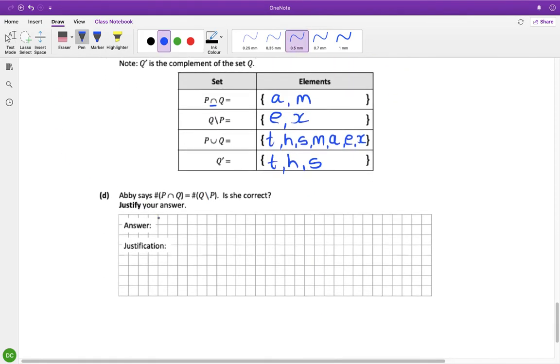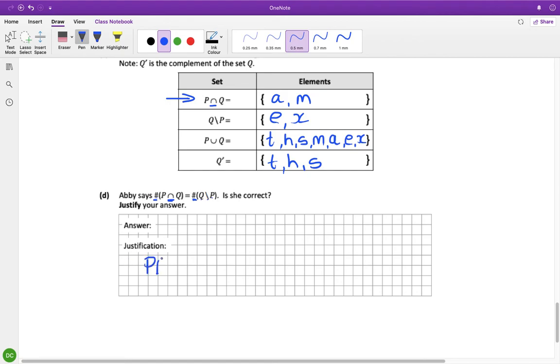Okay, Abby says that, remember this symbol, cardinal number. So the amount of elements, if I count them, in the intersection is the same as the amount of elements in Q less P. Okay, so we did these. So there's the intersection there for the first bit. So how many elements are in that? 1, 2.